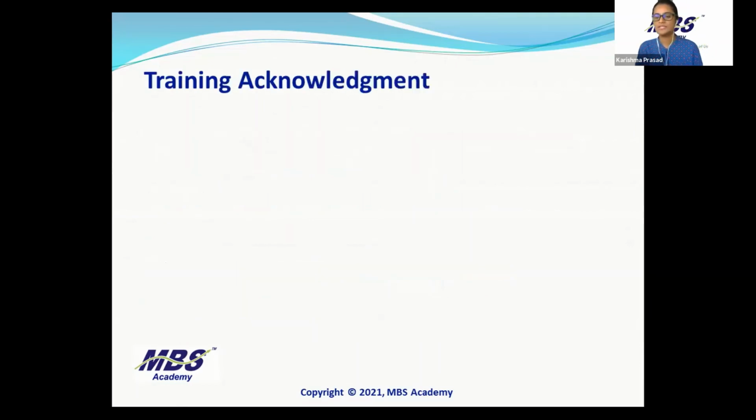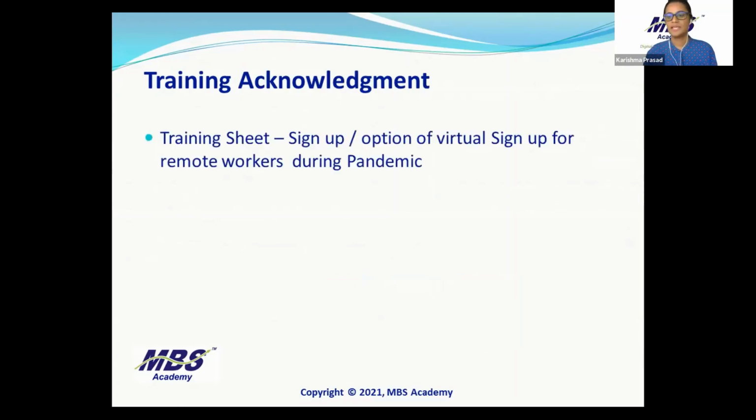Now, once you create an SOP, right, it is actually not a useful document until we train on it. So what I encourage teams to do is that once an SOP document is created, there has to be a document called a training sheet that needs to be created in complement to the SOP.